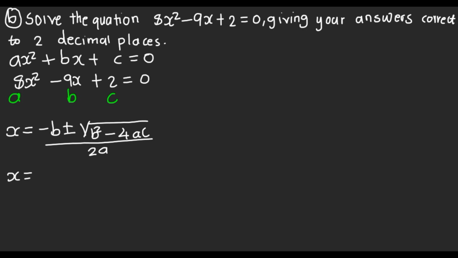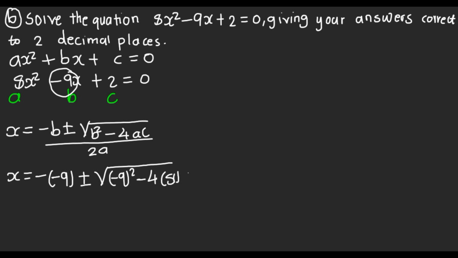From the numbers that we have, the value of b is this number here, which is negative 9, so minus b, plus or minus, then we take the square root of negative 9 squared minus 4 times a, which is 8, times c, which is 2, divided by 2 times 8.